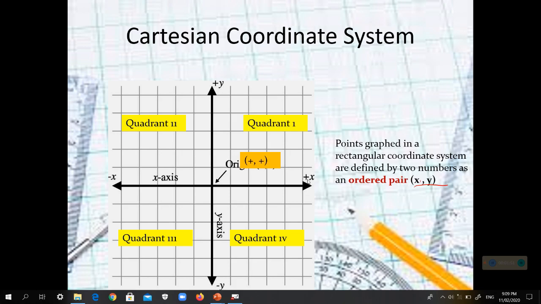In quadrant 1, we have positive x and positive y, so positive, positive. In quadrant 2, we have negative x and positive y, so negative, positive. In quadrant 3, we have negative x and negative y, so negative, negative. And in the fourth quadrant, we have positive x and negative y, so that's why we have positive, negative.